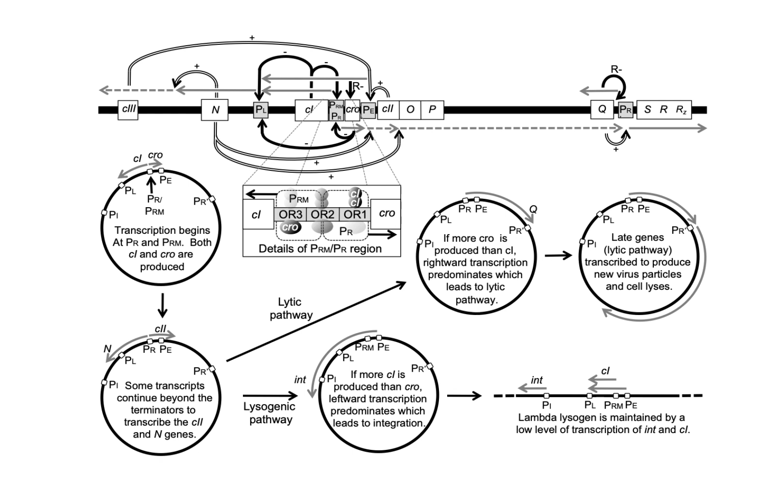If you get read-through to produce CII, that will lead towards the lytic pathway. However, if that pathway isn't as rapid and you make more of the N protein, that will stimulate transcription towards the left direction and the lysogenic pathway.